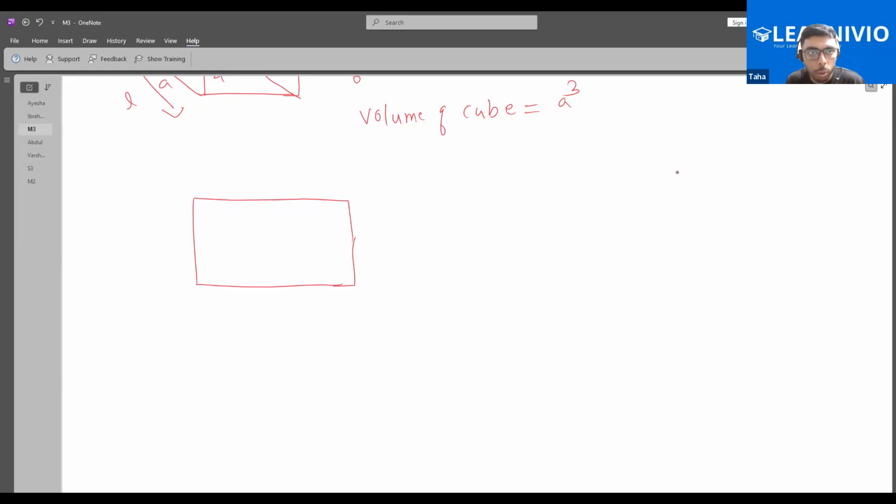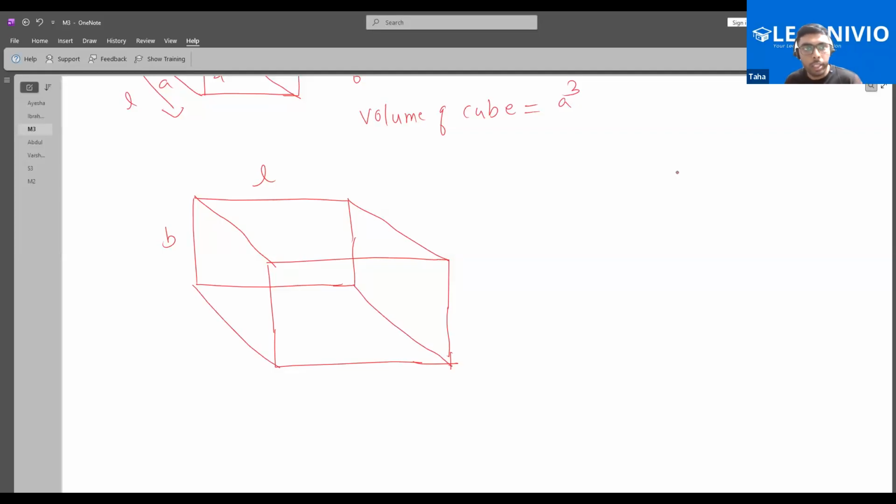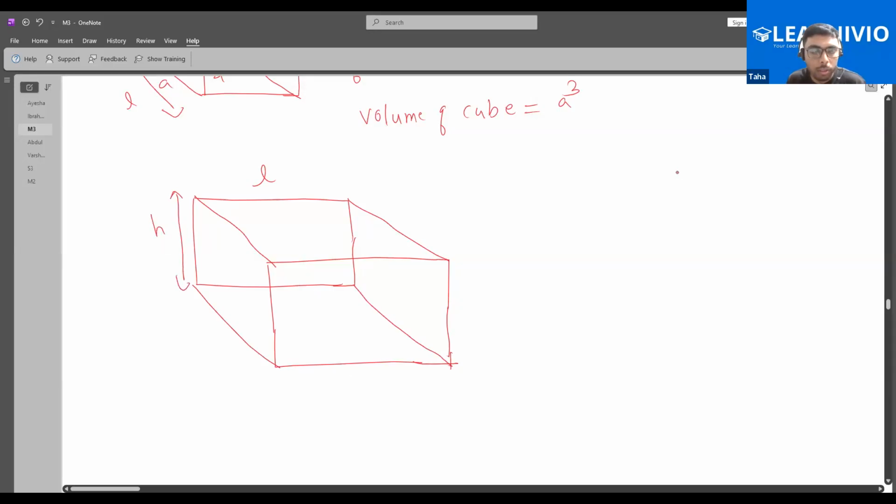Okay, this is made up of rectangles. A rectangle is basically length and breadth, right? Let's make this first. All right, so length and breadth. Instead of this becoming breadth, we can say that this is becoming height now.